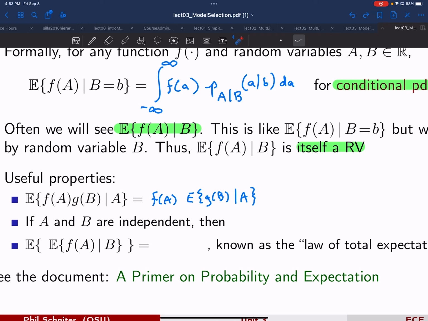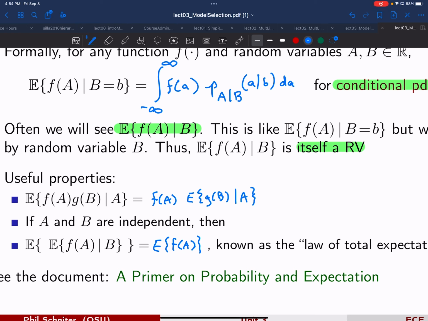Once all that randomness to do with b is removed, it turns out you get back to the expected value of f of a, without any conditioning. Okay, any questions on that?